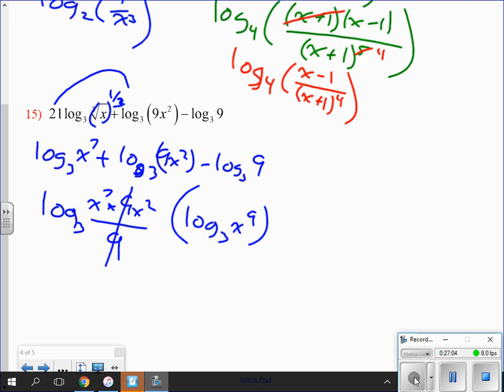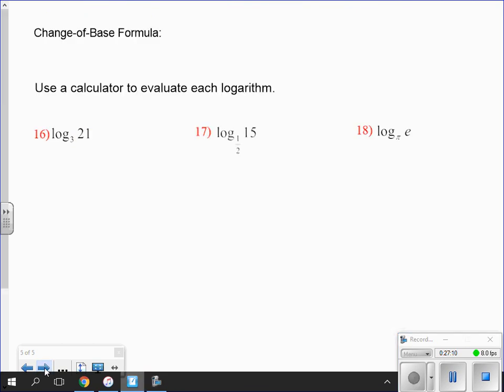Question. Change of base formula. Log base b of v is the log of v divided by the log of the base, although I would prefer that we use the natural log of v over the natural log of b, because you want to start using natural logs as much as possible.